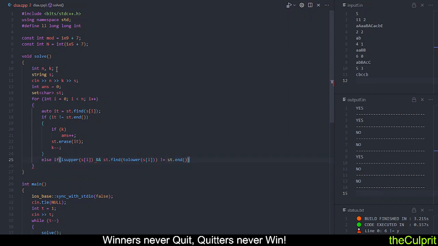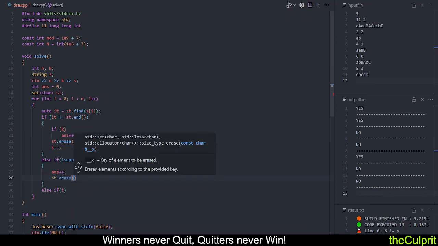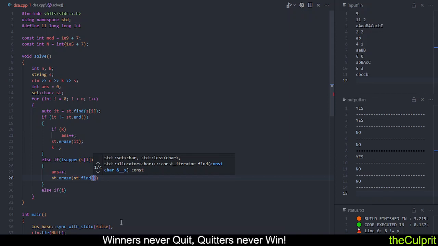If I'm able to find that, I increment my answer, and since I have found it, also erase it. Erase st.find of s of i to lower, so delete it.